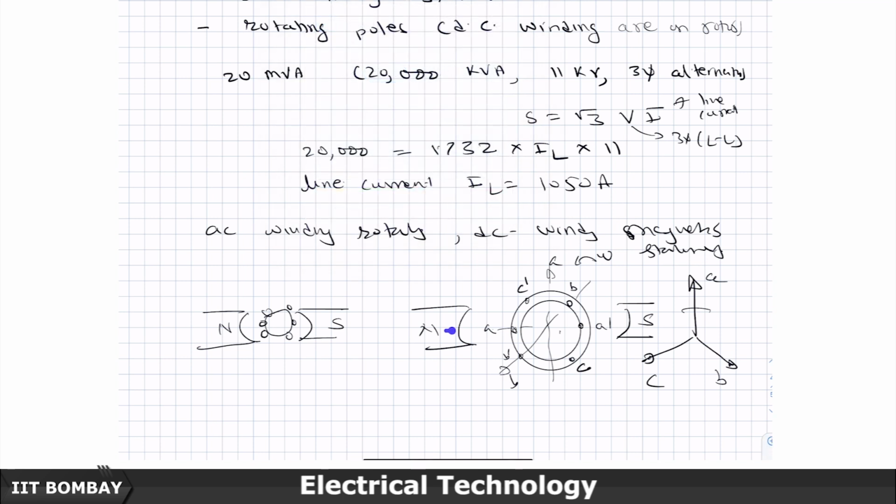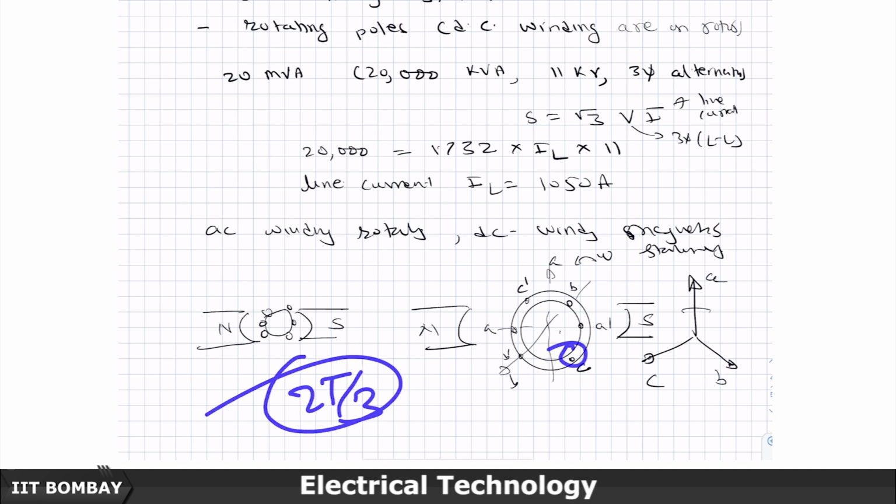So the flux lines are like this, A phase is cutting this here. 120 degrees, that is T by 3 time later, the B phase conductor should face exactly the same geometry in motion. So therefore this should be the corresponding B phase conductor, and at 2 T by 3, where T is the time of one revolution, the same picture should be seen by the C phase corresponding conductor. So therefore I mark this as C and this as its opposite conductor C dash.